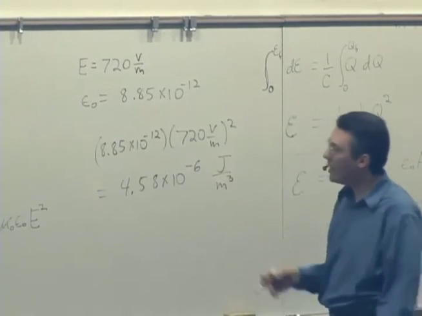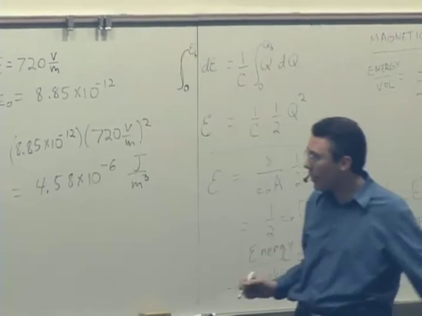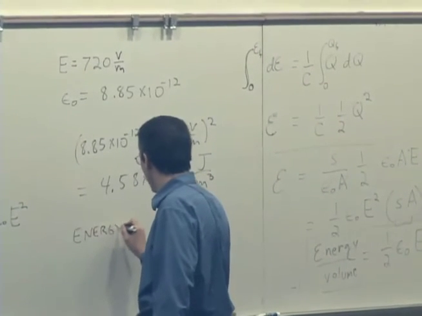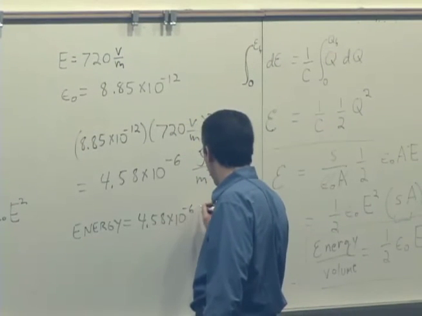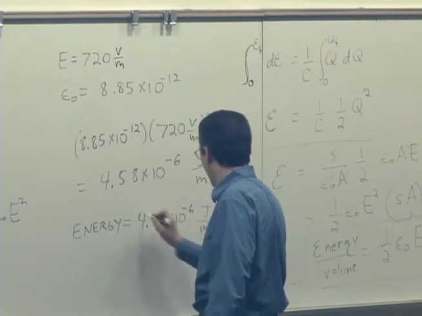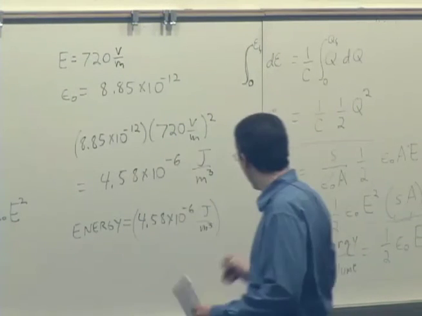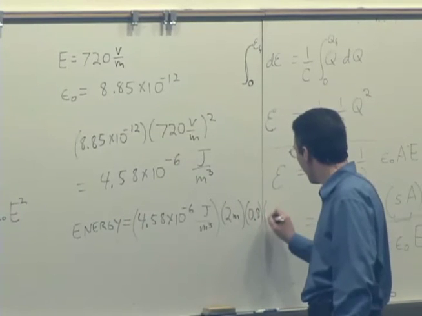To get the total energy, what do I have to do? Multiply it by the volume. So the energy is going to be 4.58 times 10 to the minus 6 joules per meter cubed times the dimensions of the thing, 2 meters by 0.8 by 0.5.